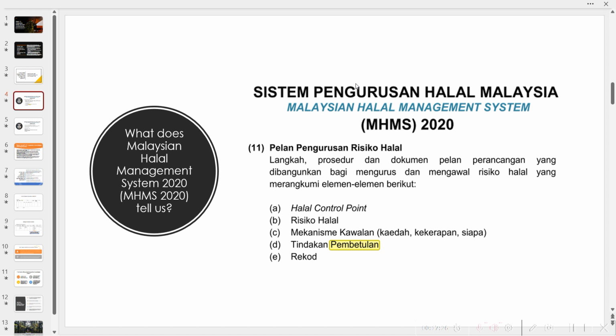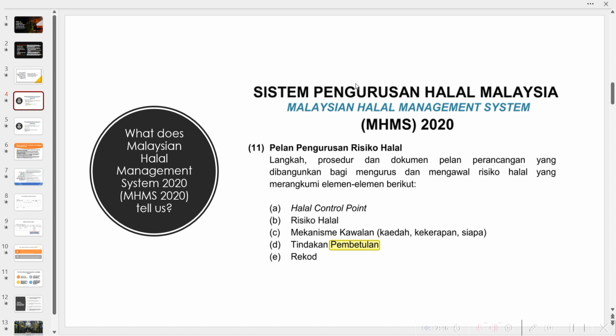If you refer to the Malaysia Halal Management System 2020, we have the statement there, langkah pembetulan or corrective action. This indicates it is a required item for any company producing halal products or offering halal services.